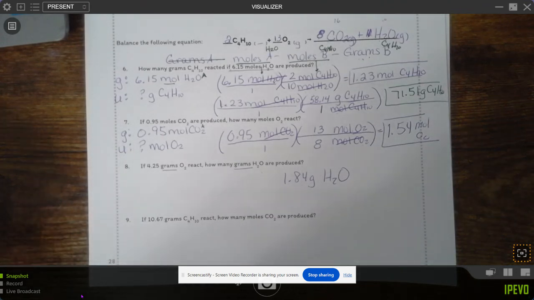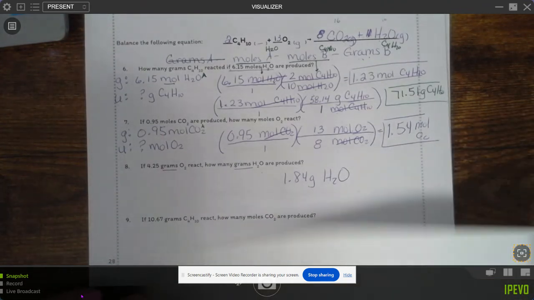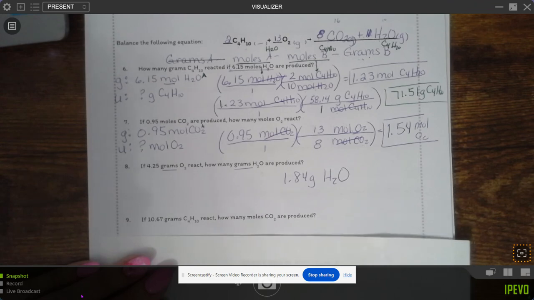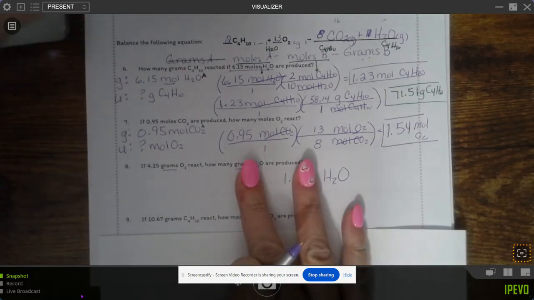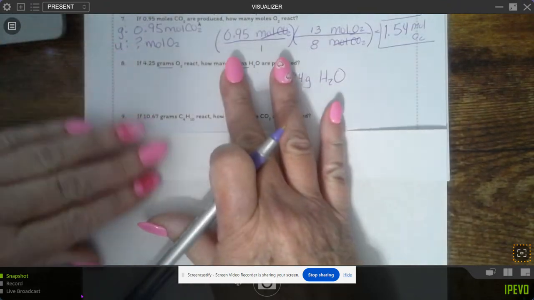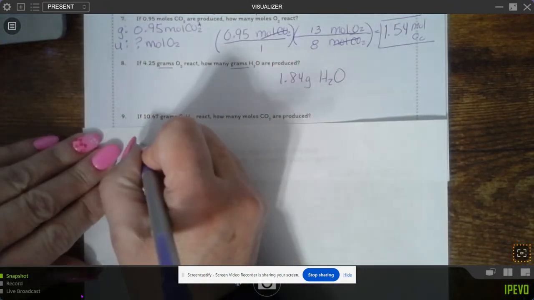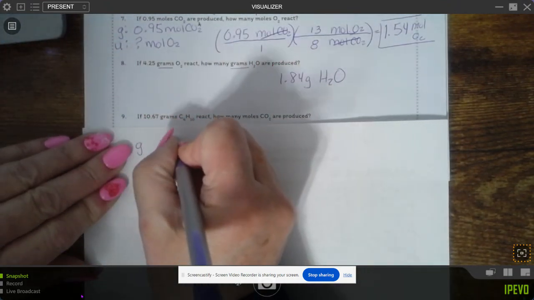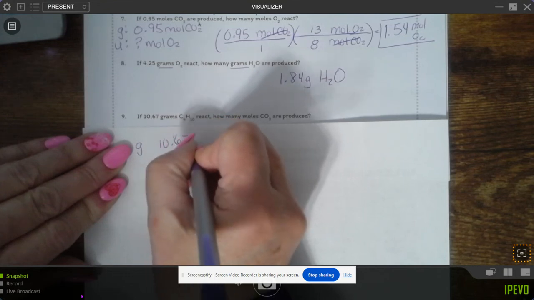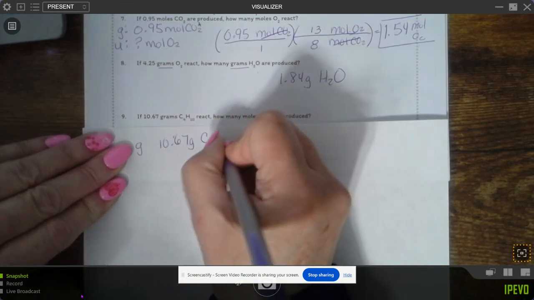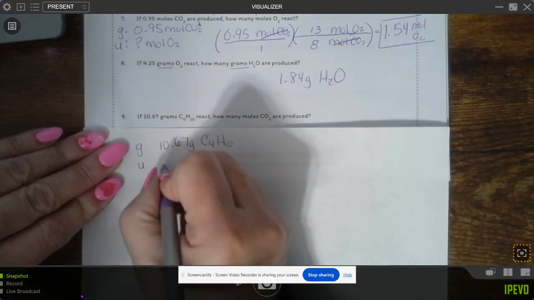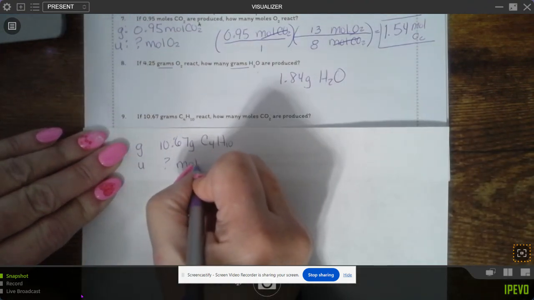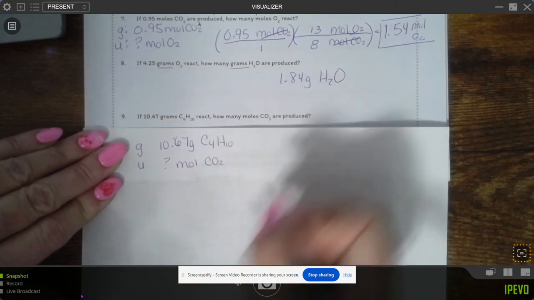All right, one more on this page. Let's see. So, if 10.67 grams of C4H10, let's slide this up. All right, so we are given 10.67 grams of C4H10. We're looking for moles of CO2.